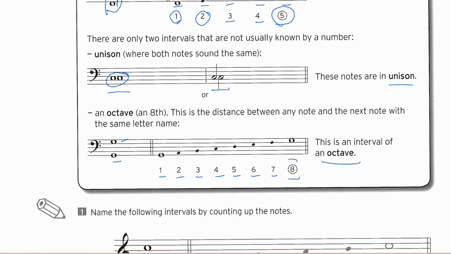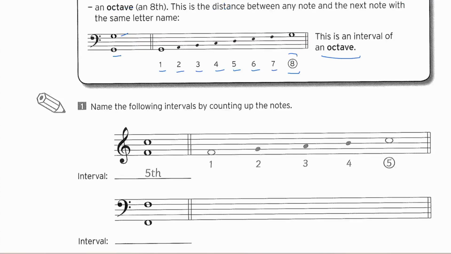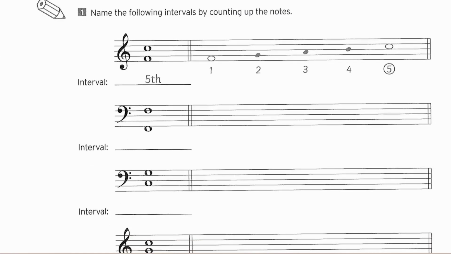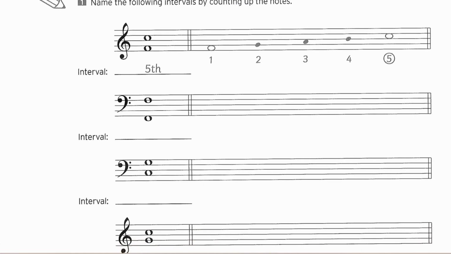Now let's do the exercise. In this one, you can see: name the following intervals by counting up the notes. The first example has been given, so let's do the second one.